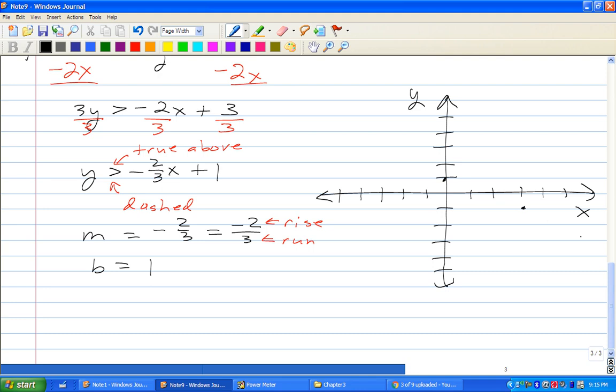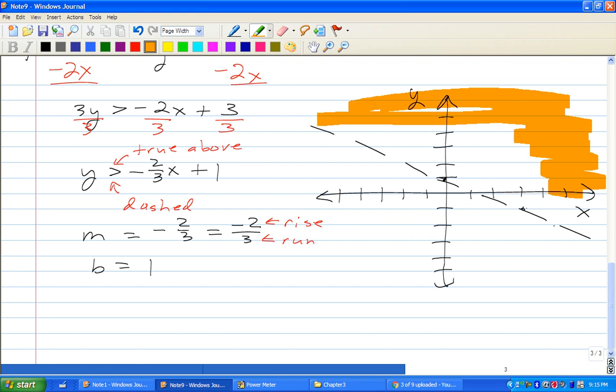So it should look something like, okay, try that again. Okay, good enough. And it is going to be true above. And so I can shade above. And that is my solution.